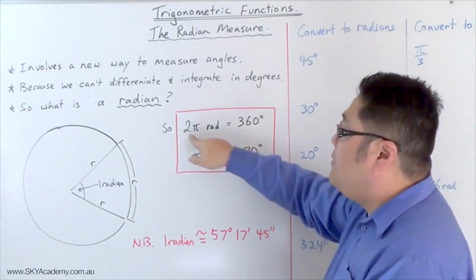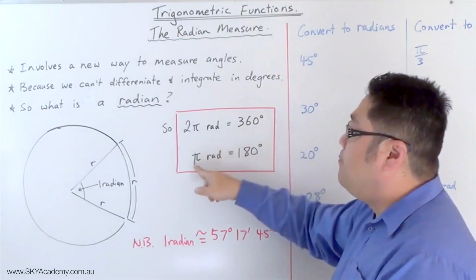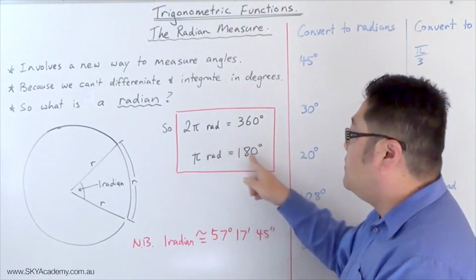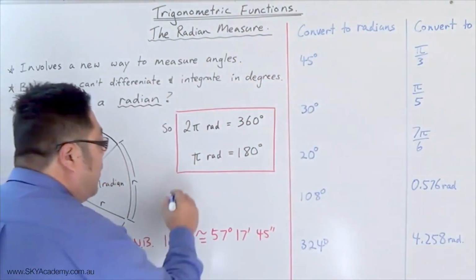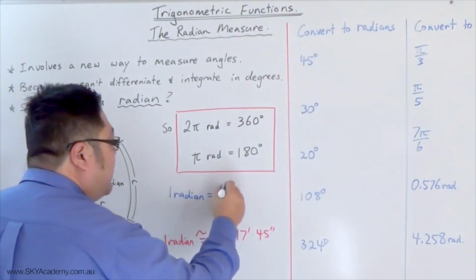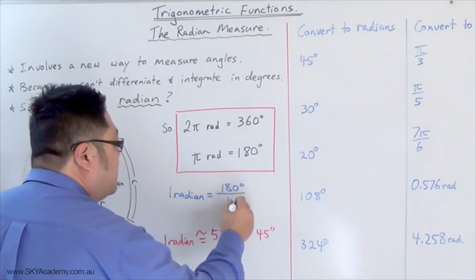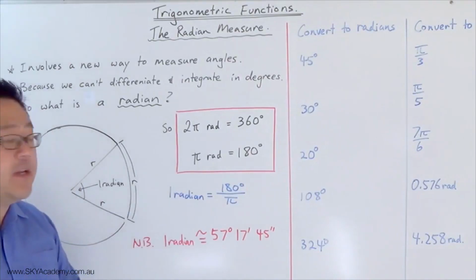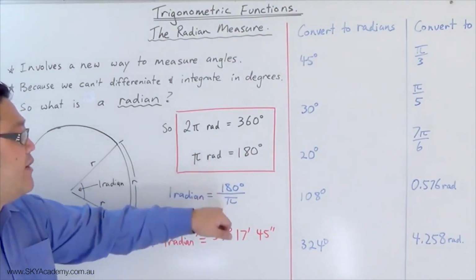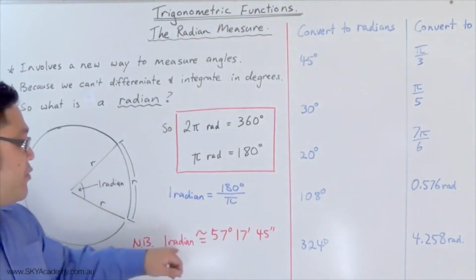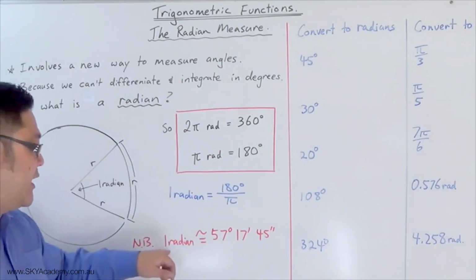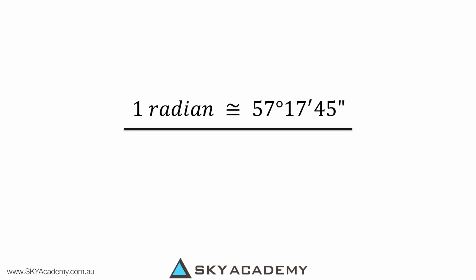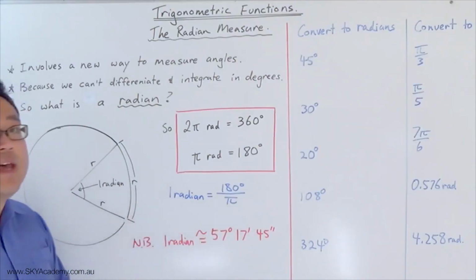What that means is if we divide both sides by 2, pi radians would be 180 degrees, and 1 radian would be equal to 180 degrees over pi, pi being the number 3.14, etc. So 1 radian is equal to 180 degrees divided by pi, which approximately equals, I did the calculations earlier, 57 degrees, 17 minutes and 45 seconds. It's approximately equal to that.